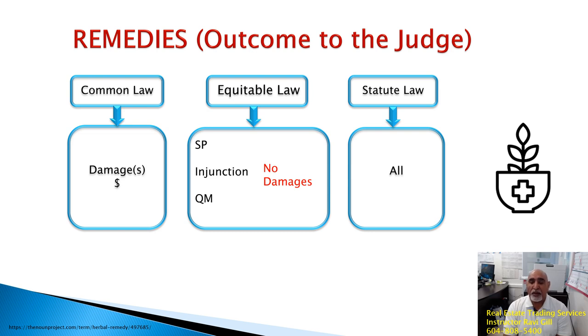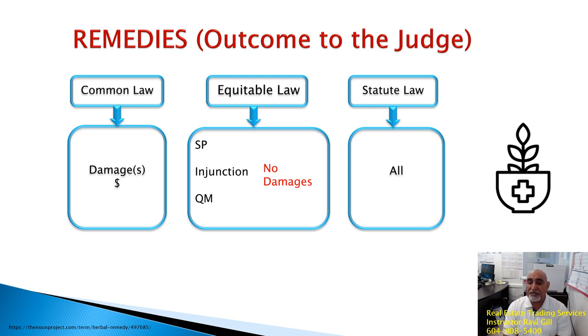That's why equitable law was developed. Equitable law was developed by kings and queens, and it had three remedies. One was called specific performance, the second is called injunction, and the third is called quantum meruit. Specific performance is do what the innocent party wants to be done. Maybe he wants his dog or horse back, or maybe he wants the person to finish the job. Injunction is sort of the opposite of specific performance.